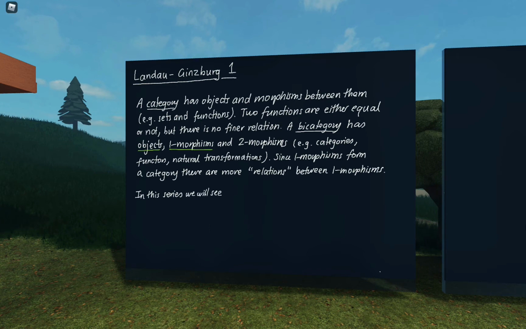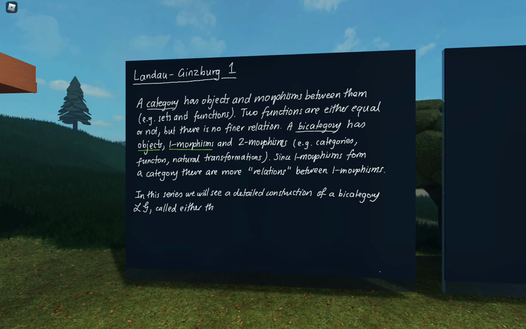So one of the things, I guess the primary goal of the seminar, is to give a detailed construction of a bicategory called LG.